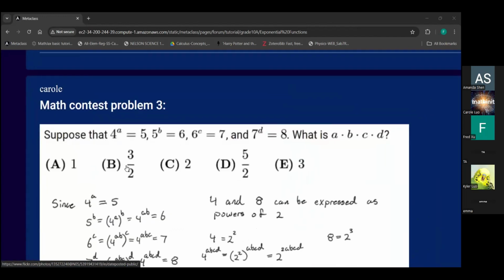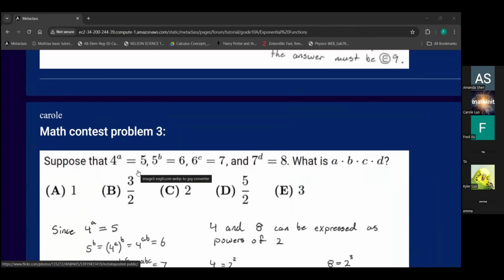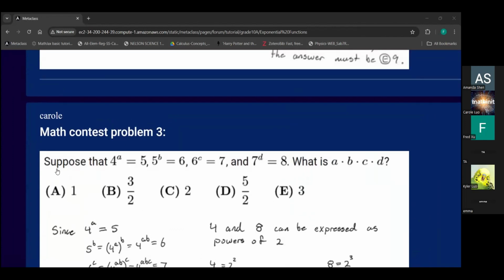So this is a math contest problem, but this is just solely using exponential arithmetic rules. So I will give you guys 2 minutes to do this. Try it out.